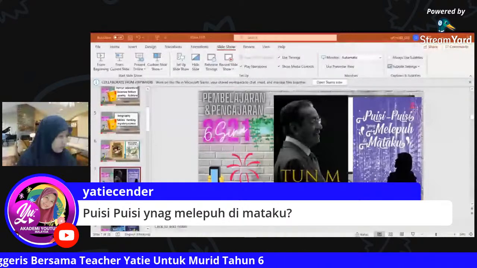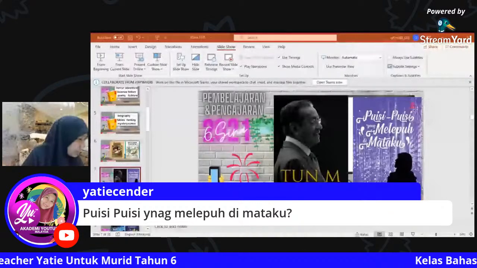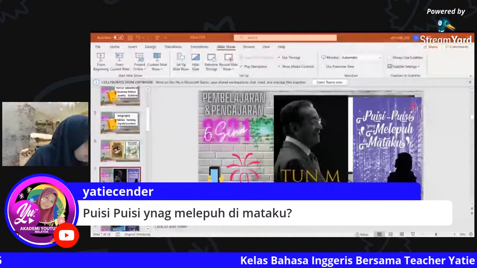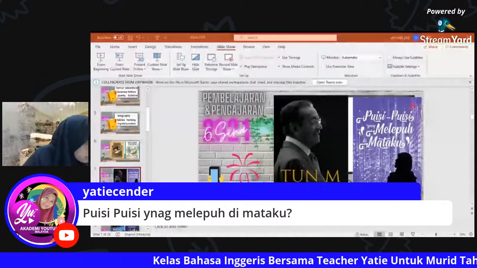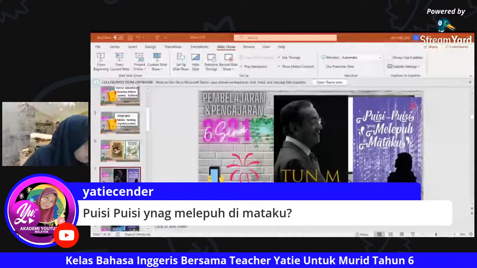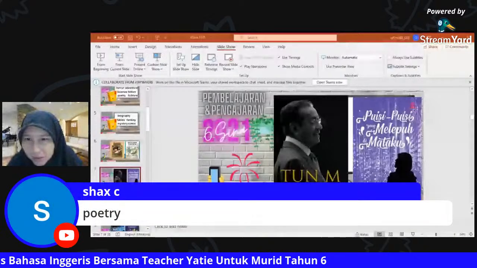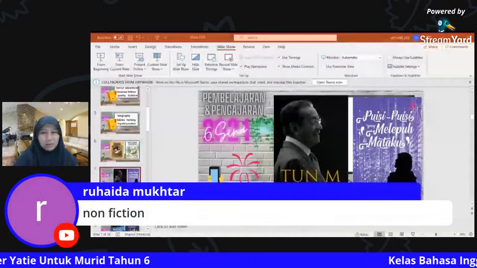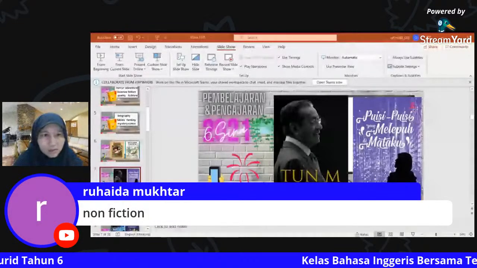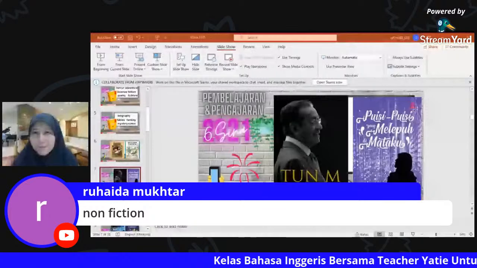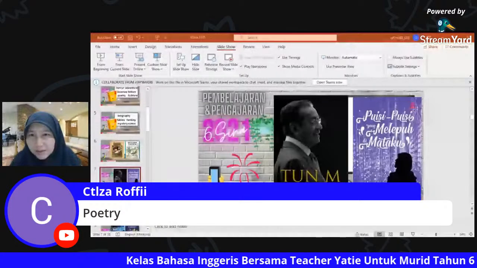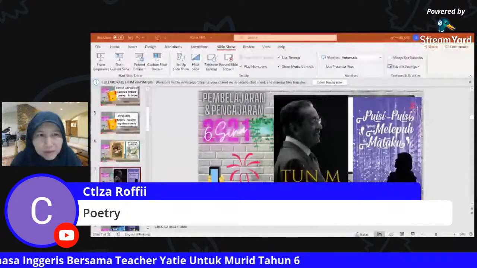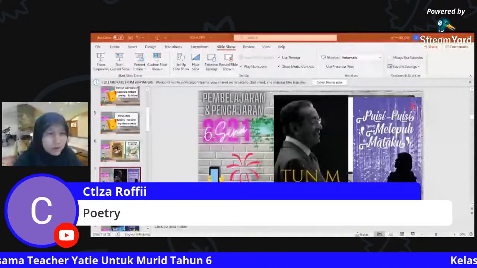Fiction, non-fiction, and the type of books. Horror, fantasy, fable, science fiction. Okay, so Ishak said poetry. Okay, apa tu? Rohaidah Mokhtar said non-fiction. Siltilza Rofia, poetry. Okay, so puisi-puisi tu, that is poetry book.